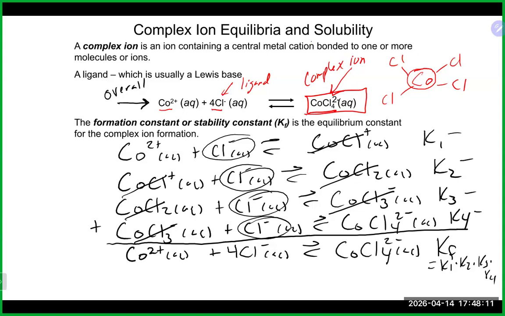I show you this because sometimes in these types of problems you're just looking at the overall reaction, and sometimes they will give it to you in a stepwise fashion. If you have it stepwise, you could add the steps together, get the overall reaction, and also figure out the overall K value for that.